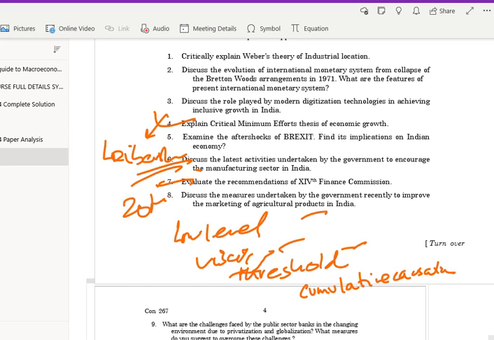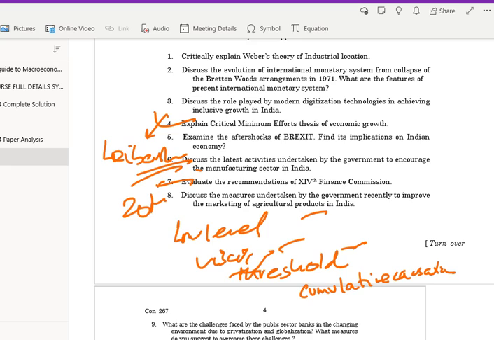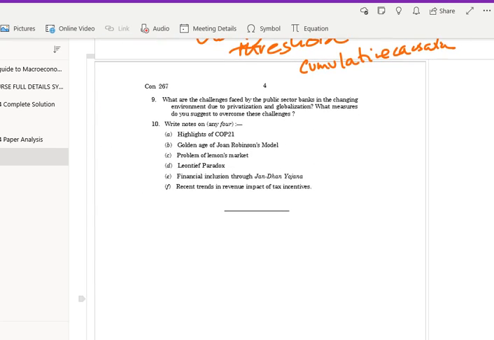It was chaired by Dr. Y.V. Reddy, and was constituted by the President of India in January 2013. You give the mandate and then the recommendations, like vertical devolution and the rationale, everything you have to give. Okay, for each question you have to give the details. Now you have questions like write notes on any of these.